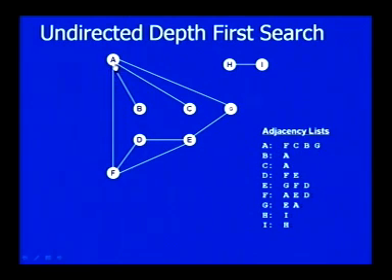Take node A: the neighbors are F, B, C as well as G. Take B: I have only one neighbor, that is A. In this manner I can formulate the adjacency list. Now let us apply this DFS to this particular undirected graph. Please remember this graph as well as the adjacency list.